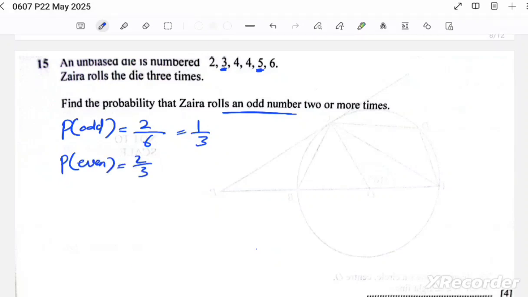Okay, this is as an introduction. Now, what we need to find is the probability of an odd number 2 times or more. We have 3 rolls, and we need 2 or more, so the probability that the odd count is 2, or 3.